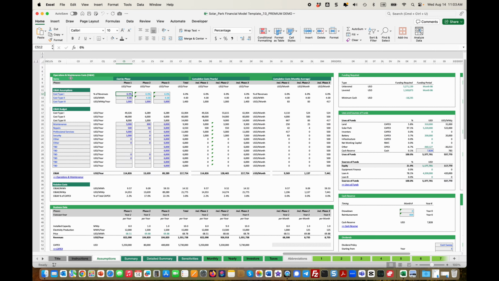Next set of assumptions we need to work through are operation and maintenance costs. These are the recurring assumptions while you are operating the park. And we basically need to figure out what will be the cost budget for operating this park. So we have some costs, they might be related to revenues, or they might be related to the amount of megawatt hours we produce or the amount of megawatt peaks we have installed.